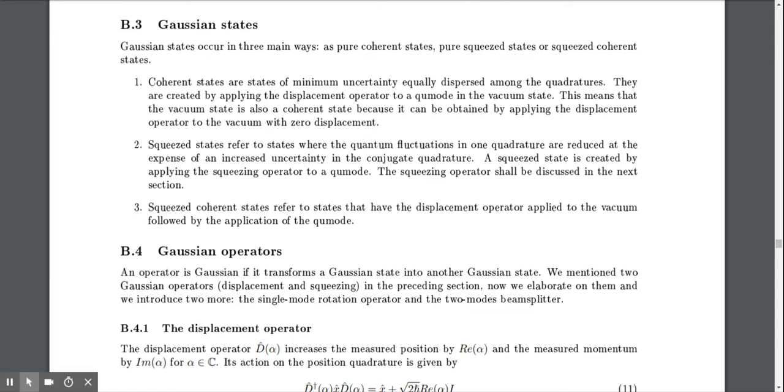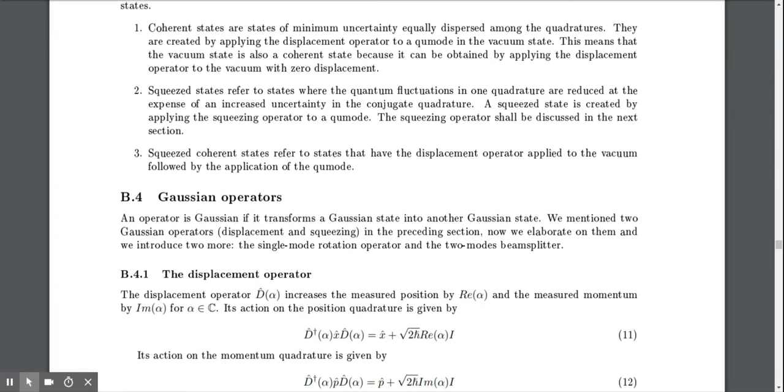Squeezed states refer to states where the quantum fluctuations in one quadrature are reduced at the expense of increasing uncertainty in the conjugate quadrature. Okay, so all this is saying is, if we assume we have two quadratures, position and momentum, and you squeeze a state, it basically means you're reducing uncertainty in one of those quadratures, but increasing uncertainty in the other one.